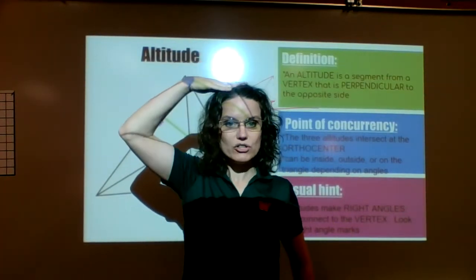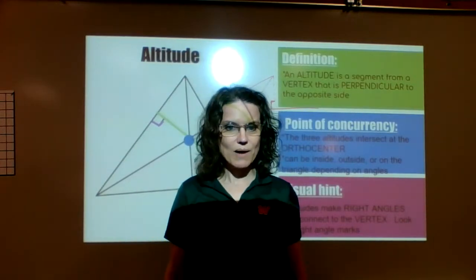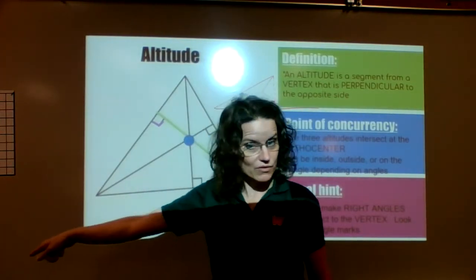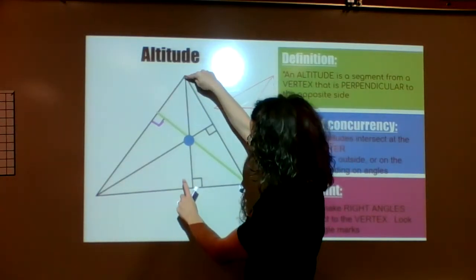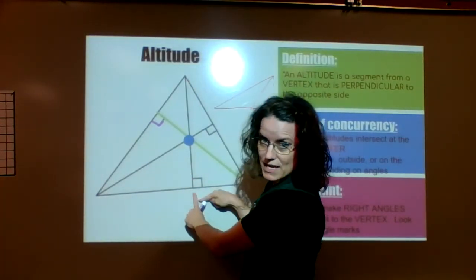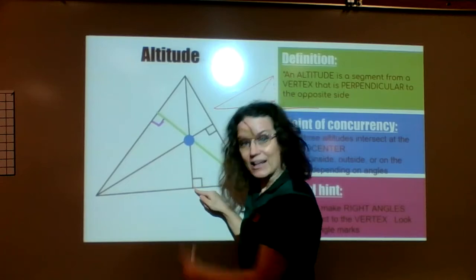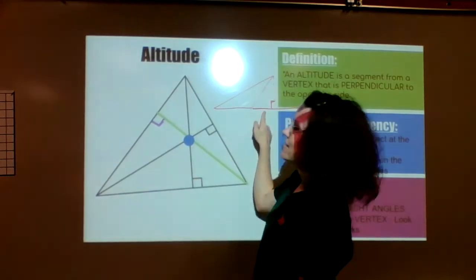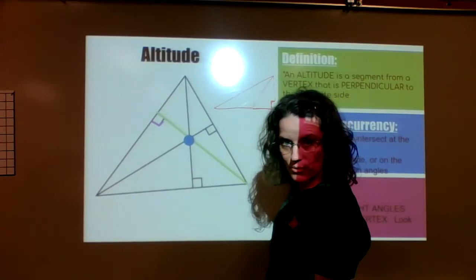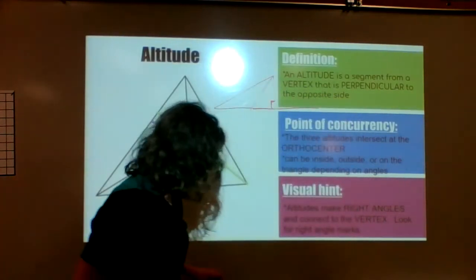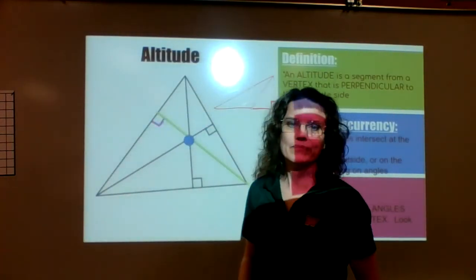We measure how tall you are straight down at a right angle to the floor, not slanty over there somewhere. Same thing here. If I want to measure from this vertex to this side, I want to make a right angle to make its altitude, to see how high it is. Same over here. How tall is this triangle? Straight down to that floor. Okay, so altitudes. Make right angles.